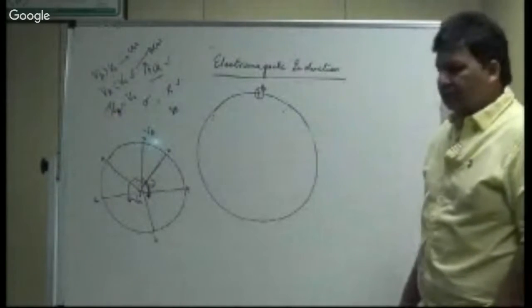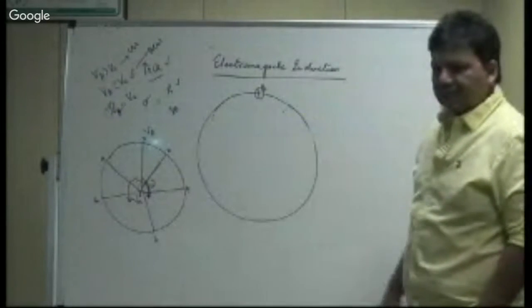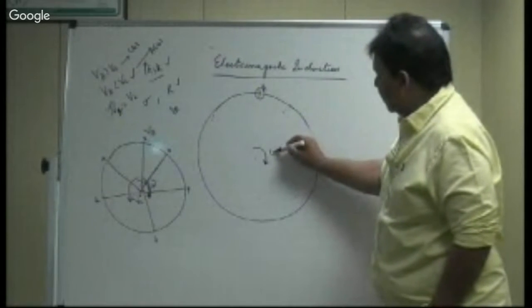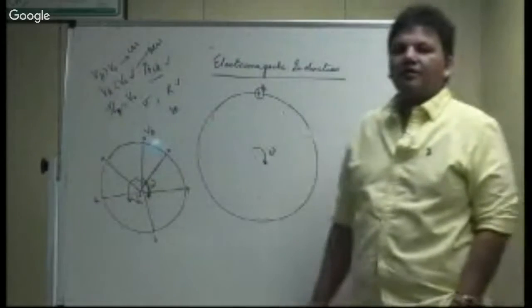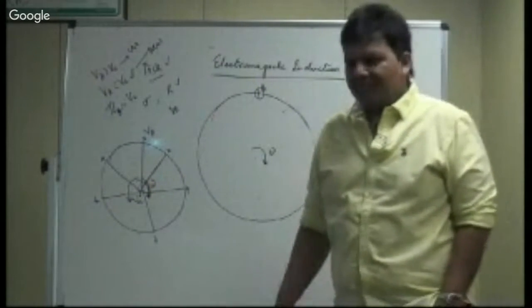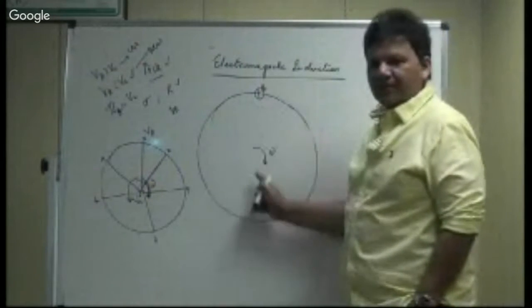Okay? There is no magnetic field. And I say that this disk is rotating with a constant angular velocity omega. What will be the value of induced EMF between the circumference and the center?